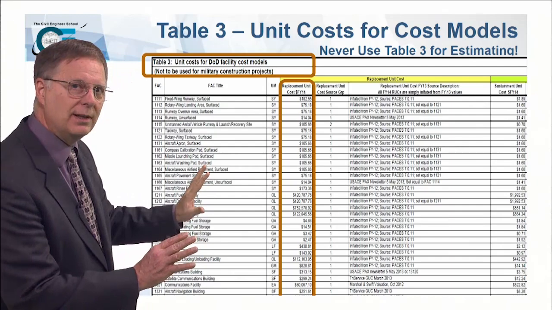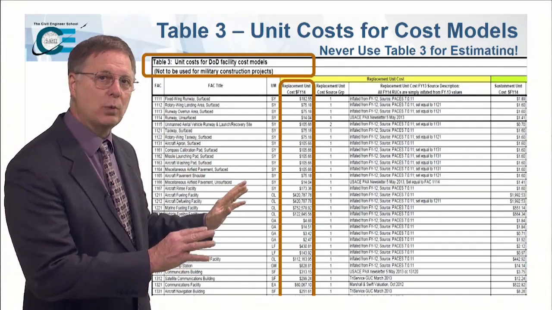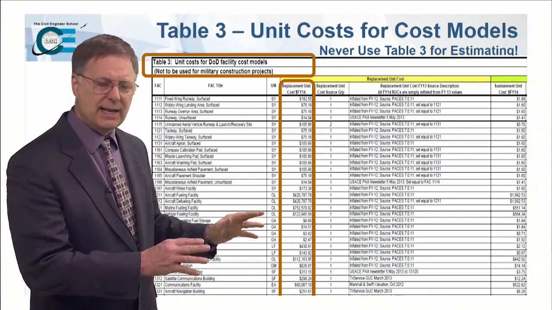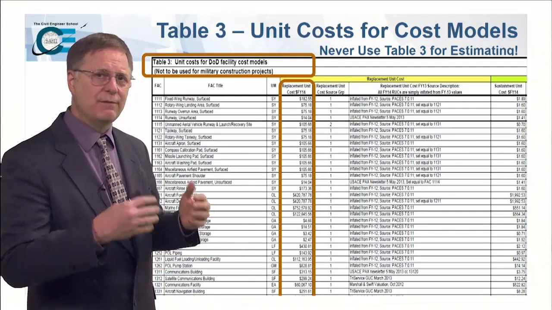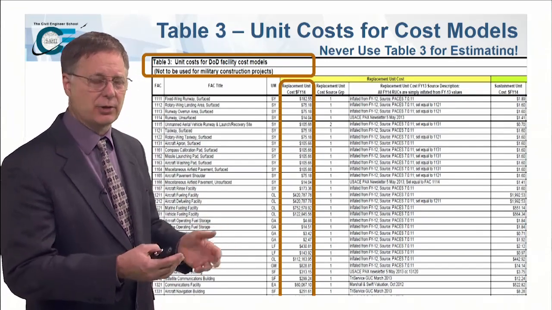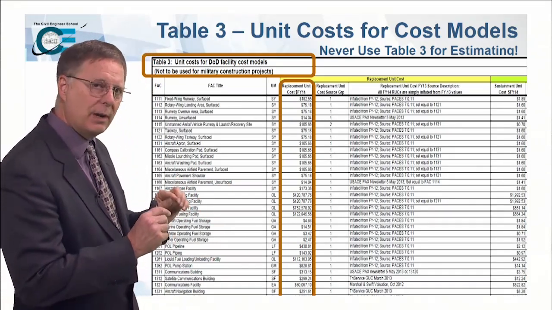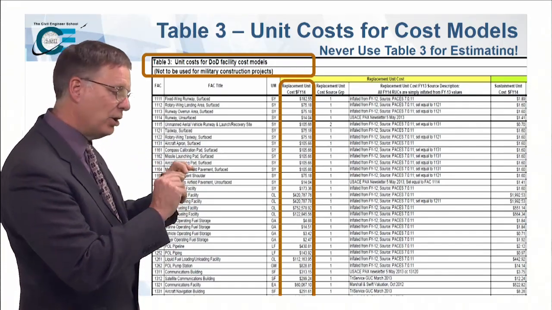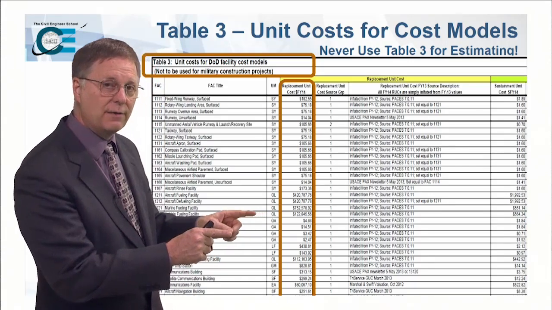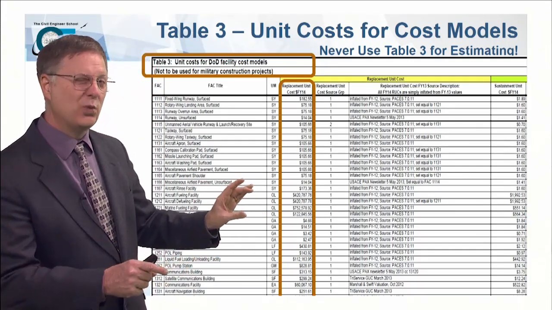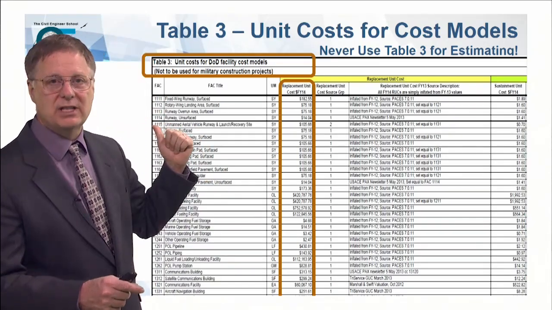This table is for the real property folks to generate something they call the plant replacement value. And that's just some sort of real estate, real property evaluation of what the investment the DoD has in its infrastructure. And it's useful for that purpose. But if you were able to find on the previous table a cost for a facility and then compare it to the cost for a facility in here, you're going to find out that these costs are something like 20% or 30% or even 40% below the previous table's costs.